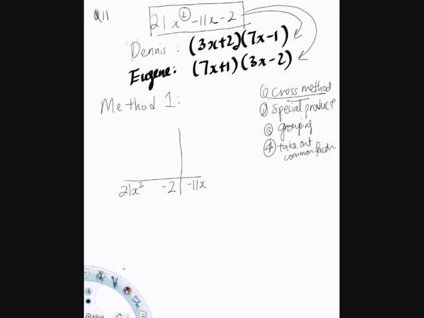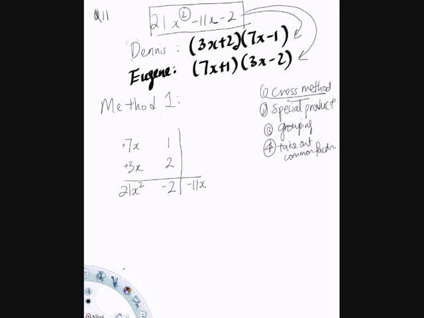We try 7x and 3x, which give the product of 21x squared, and 1 and 2, which give the product of 2. But which comes first?